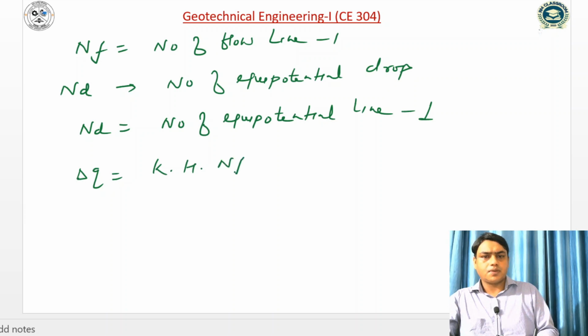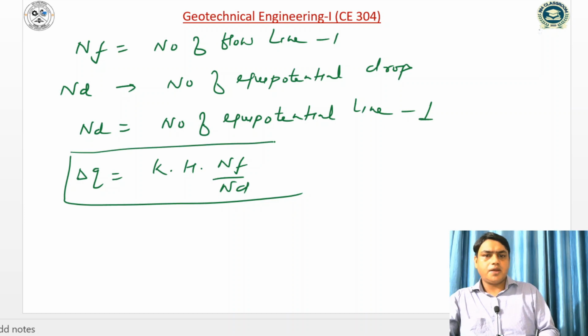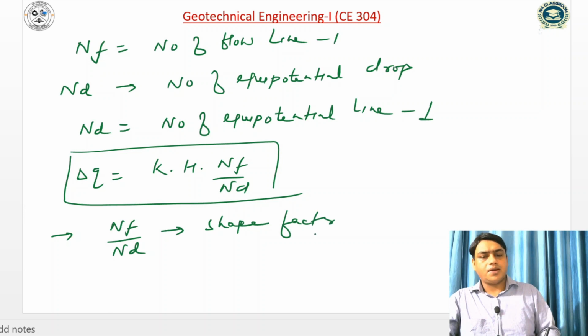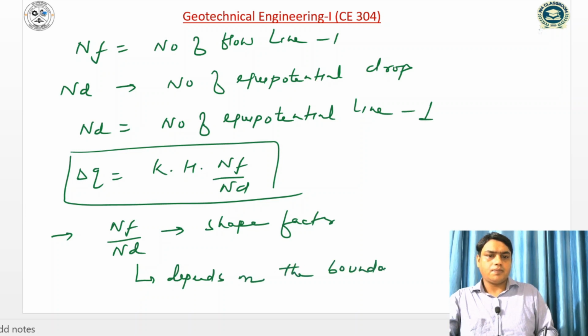H into NF by ND, where NF by ND is called the shape factor, and it depends on the boundary condition only.